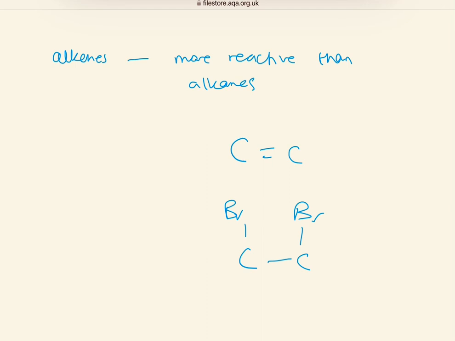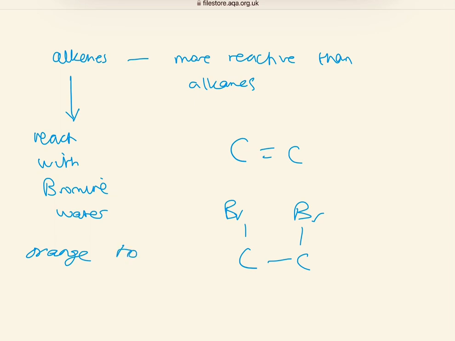So alkenes can be identified. They react with bromine water, but alkanes don't. What is the colour change when alkenes react with bromine water? Yep, to colourless.